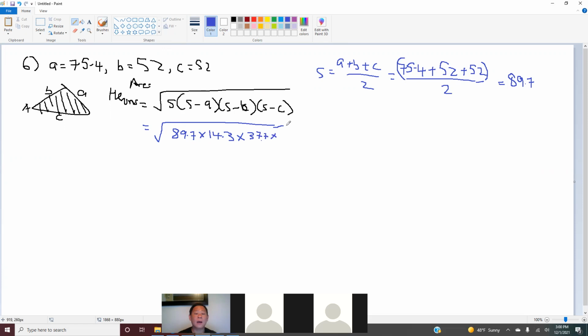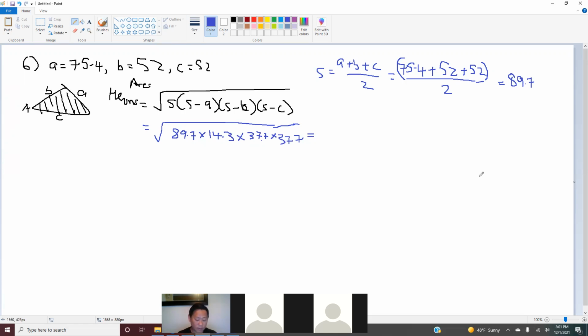Times the same thing, 89.7 minus c, again 52, is also 37.7. And you just multiply all these numbers and then take the square root of it.